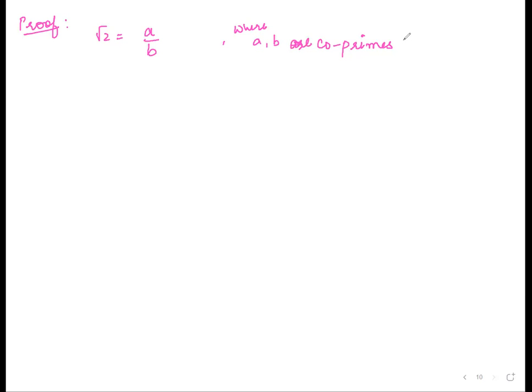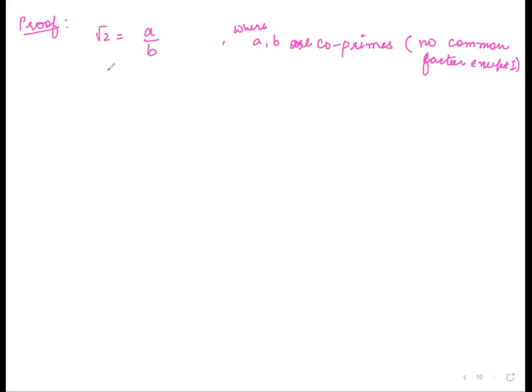Because I have reduced the common factor, that is why from p by q I have come to a by b, because I want to eliminate the common factor. So co-primes means there is no common factor, but one is always there. So you will write except one. So there's no other common factor.